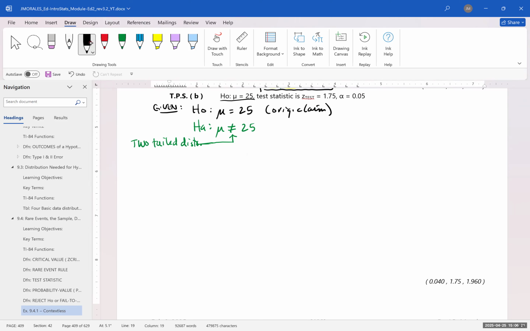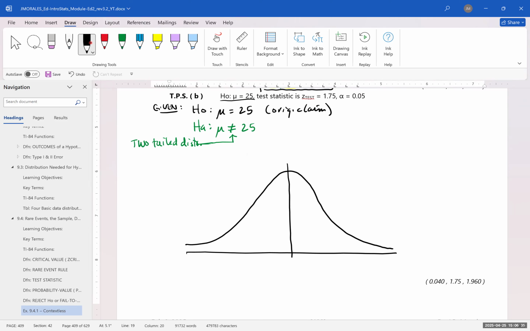So let's go ahead and draw a two-tailed distribution to get us started here. There we go. And it's going to be two-tailed. All right, nice.